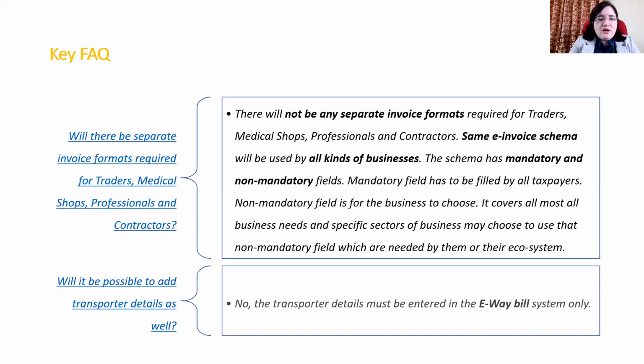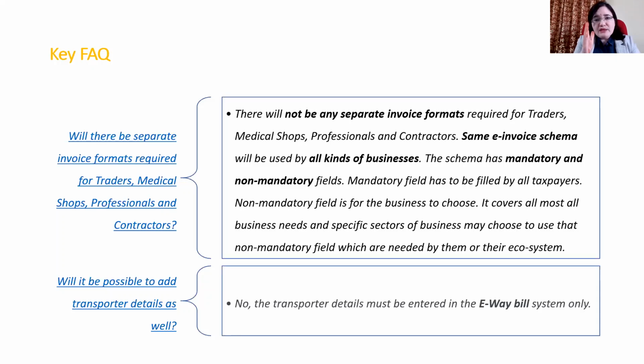The first question received was: will a separate invoice format be required for trader, medical, shop, professional, etc.? There is no separate format for the service provider, the trader, the manufacturer or the wholesaler. Please note that e-invoicing applies to the supplier. Whether you are a service provider or a trader in goods, e-invoicing is similar.